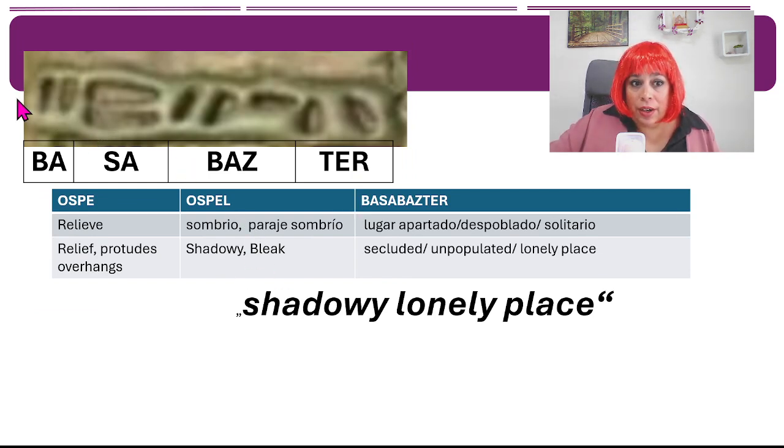This is a relief as well, a protrusion, but in this case, I'm taking another option, ospe, that can mean ospel as well, that is shadowy. And when we put it together with the consonants, the result is shadowy, lonely place.